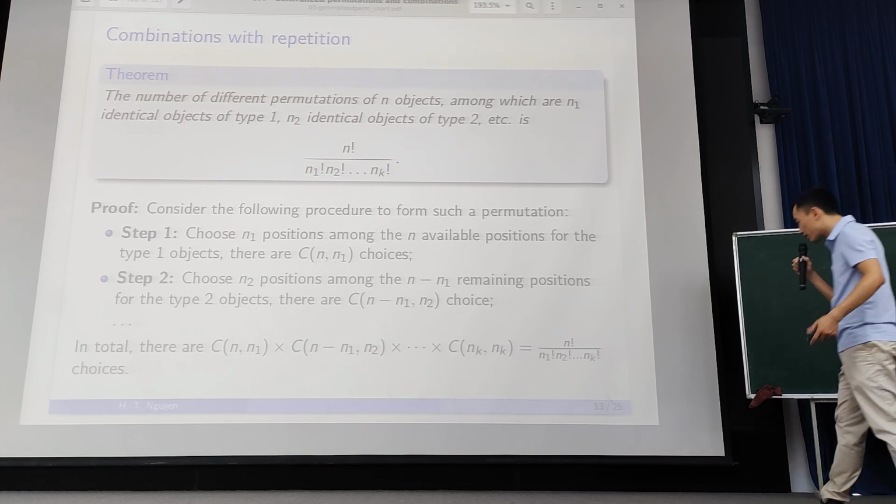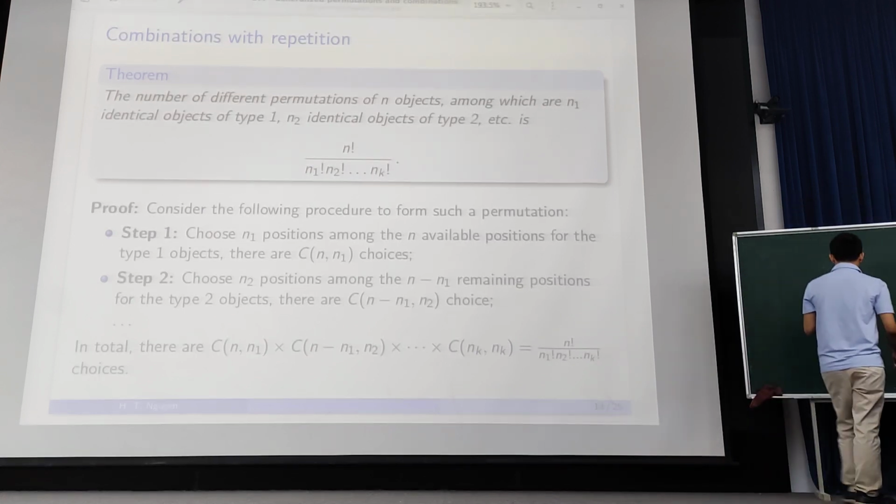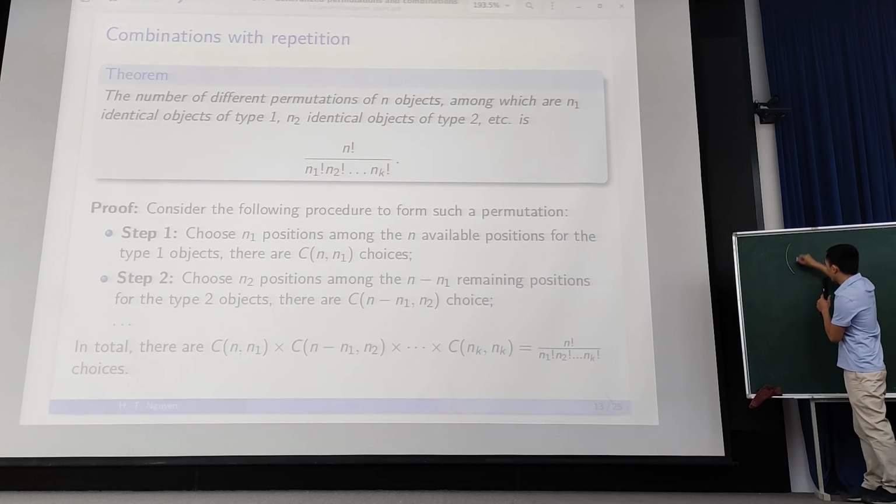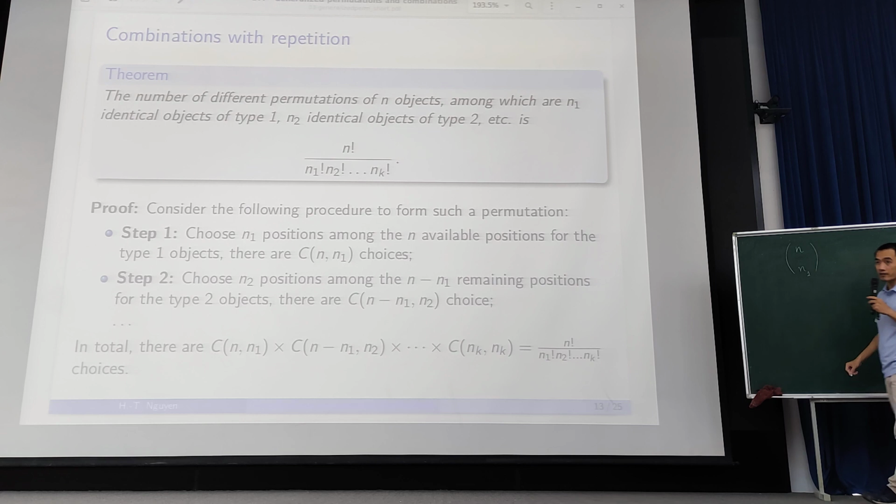So if you repeat the procedure that we have used, then if you choose the places for the first type, you have n choose n1. Okay? And next, after we have fixed the n1 places for the first type, we have n minus n1 places left, and then we will choose n2 out of these places, and so on.